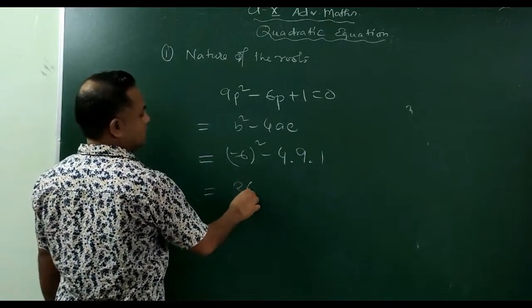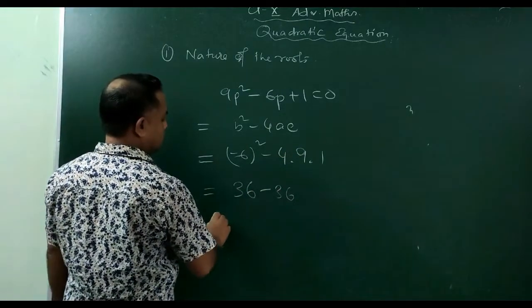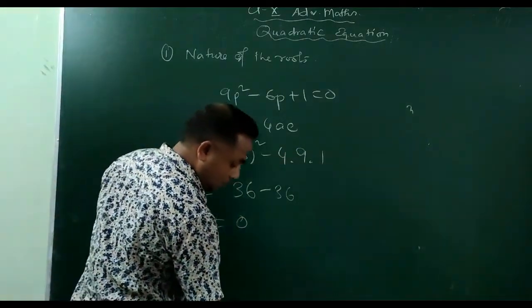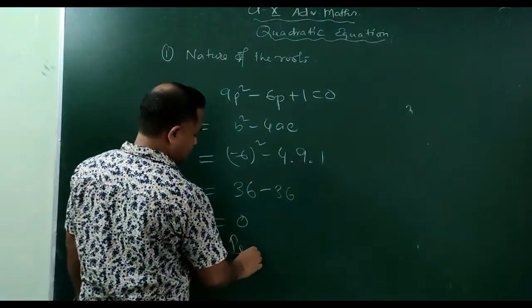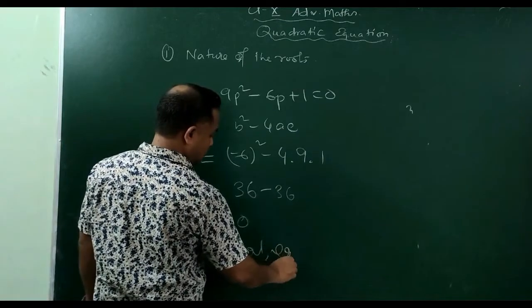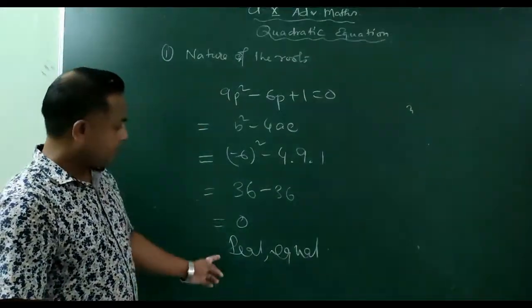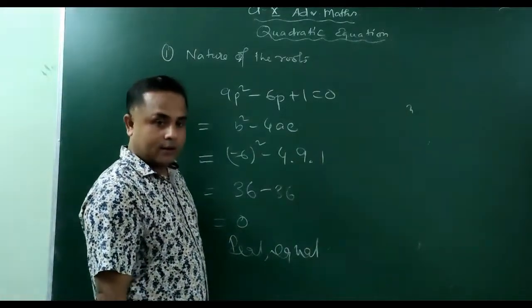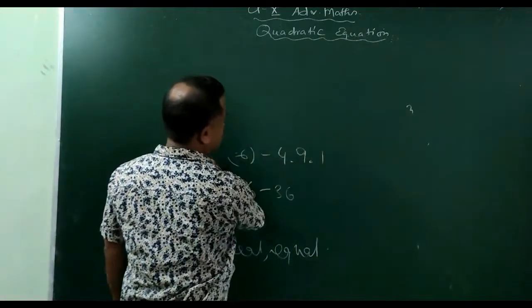So it becomes 36 minus 36. So the answer is 0. In this case the roots are real and equal. I hope you have understood the nature of the roots.